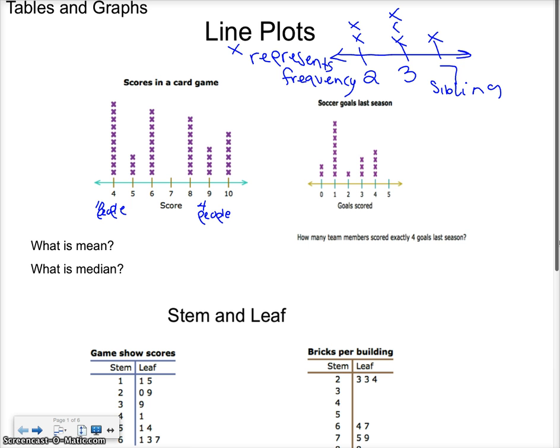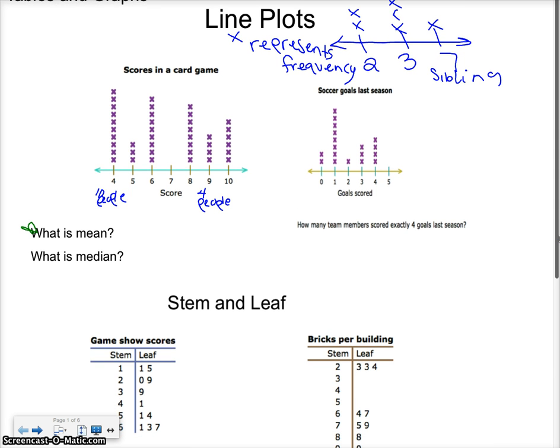Another way to analyze line plots: mean is pretty intense, so we're not going to worry about the mean, but median is helpful. Now when you think about this line plot, what this really means is, if you were to expand this out, I would have 10 fours: 4, 4, 4, 4. How many fives? 3.